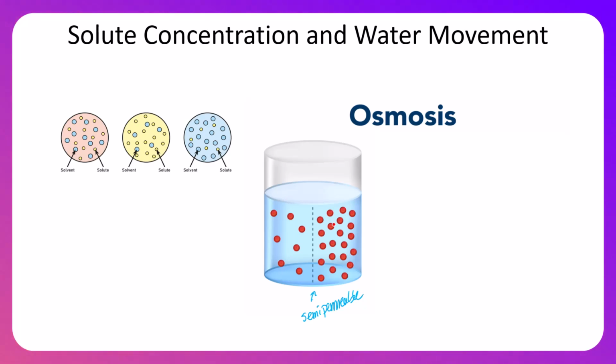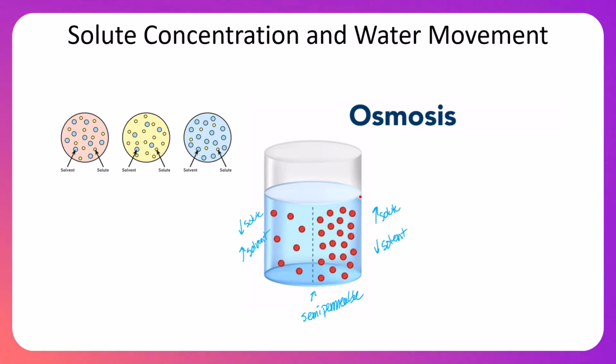Notice that the red dots are the solutes, the blue solution would be the water, the solvent in this case. And so the left side of this diagram is going to have lower solute, which means higher solvent, than the right side. The right side has higher solute and therefore lower solvent.